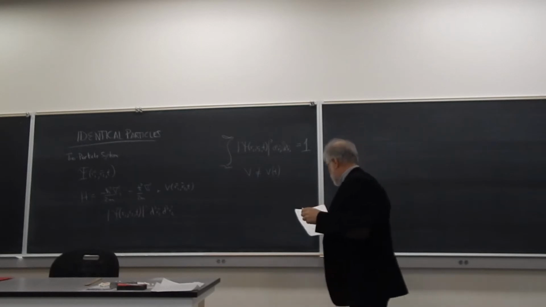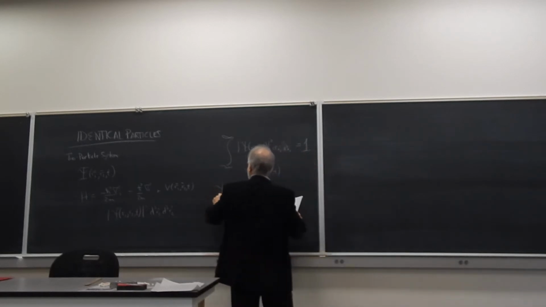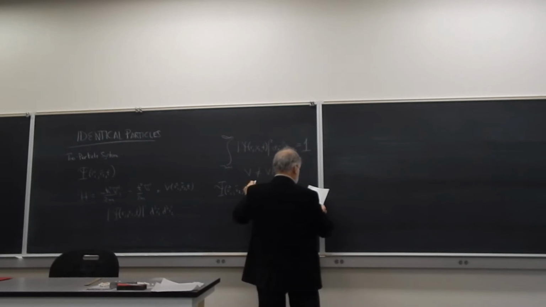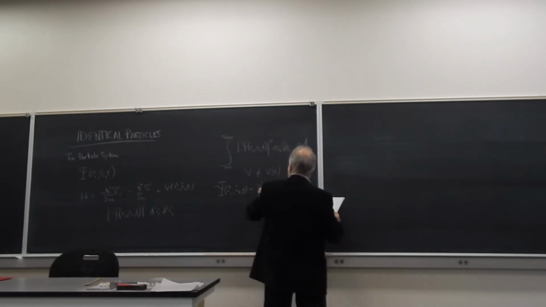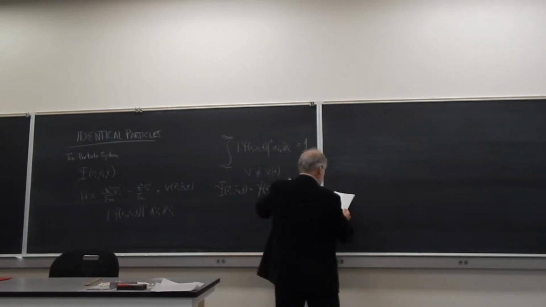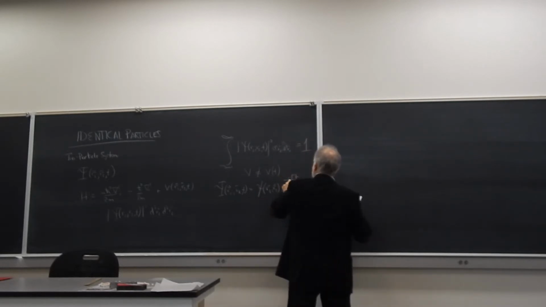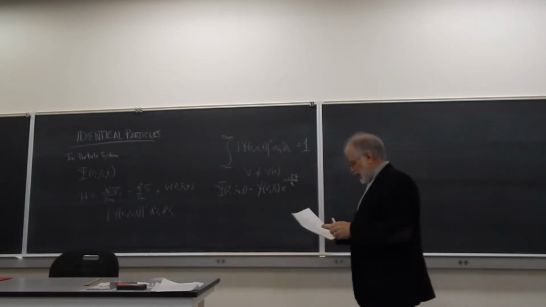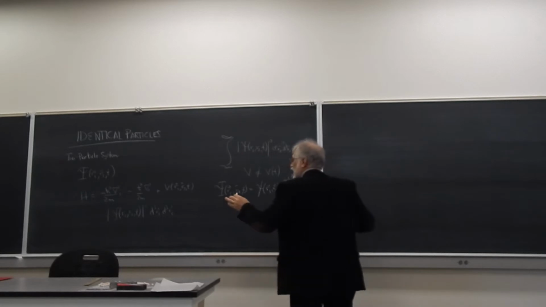That allows us to separate variables, and I can write my total wave function for the two particles as some space-dependent psi of r1 and r2 times e to the minus iEt over h bar, as we've done all along.